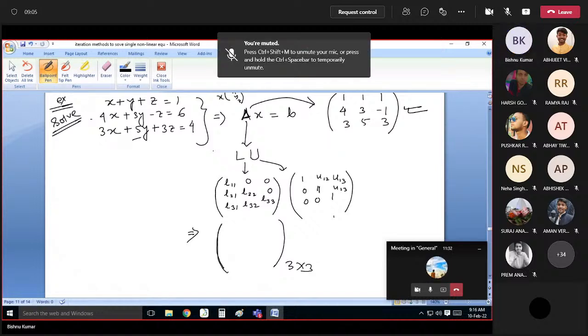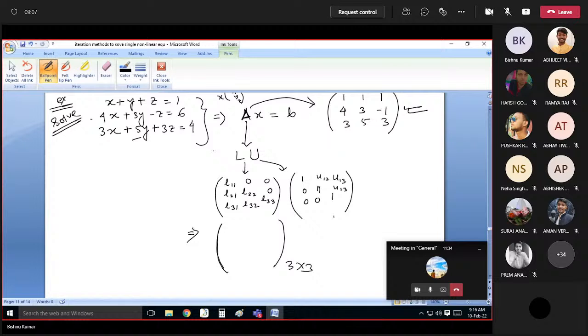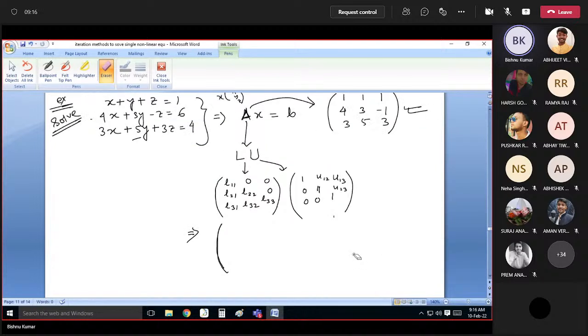Okay, let me do your work. Actually, you just try to do this matrix multiplication. So what will be the first position?